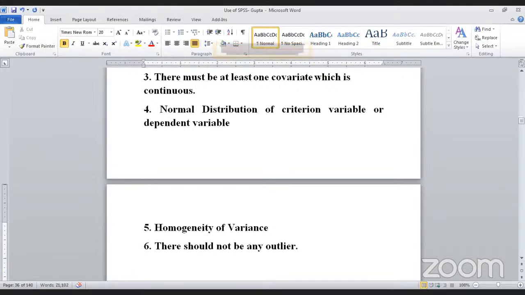Now, you have been asking me that I should take data from the experimental study.